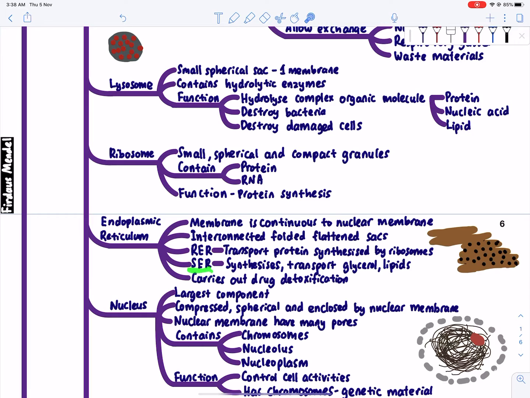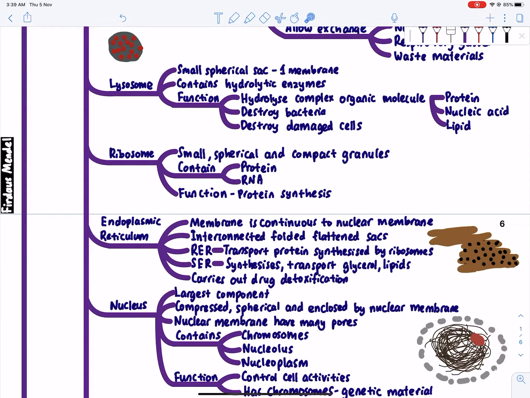Smooth endoplasmic reticulum. Of course, endoplasmic reticulum has two types: rough endoplasmic reticulum and smooth endoplasmic reticulum. Rough endoplasmic reticulum has attachment with the ribosome, but it does not synthesize the protein. Please make sure that you do not write in an answer that rough endoplasmic reticulum synthesizes the protein. That is totally wrong.